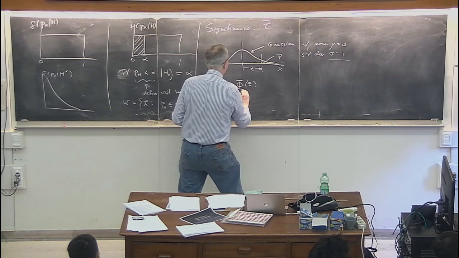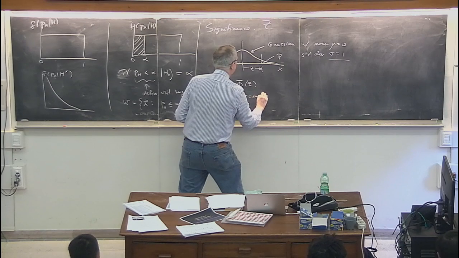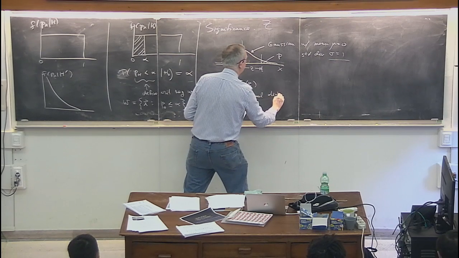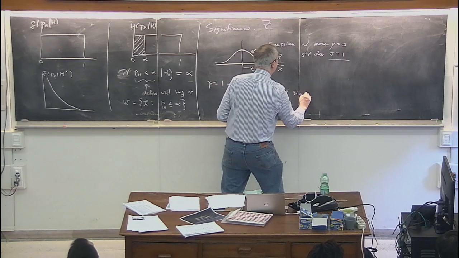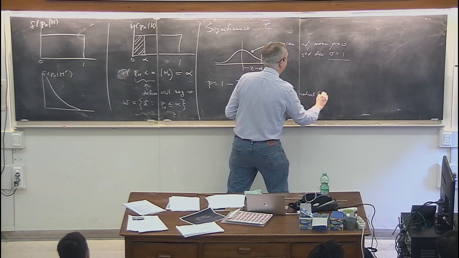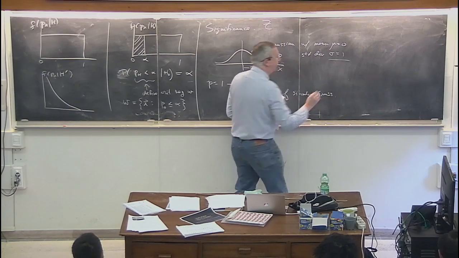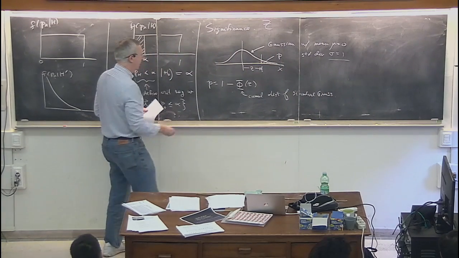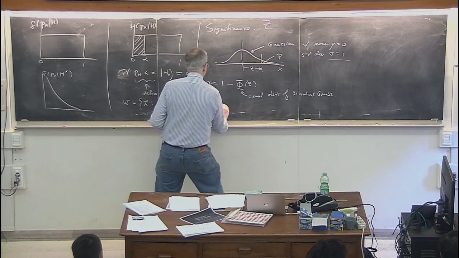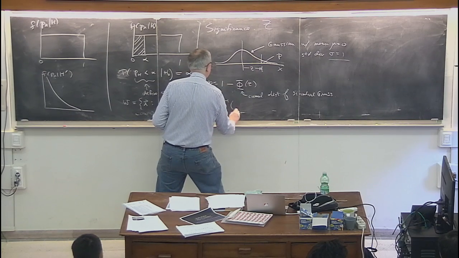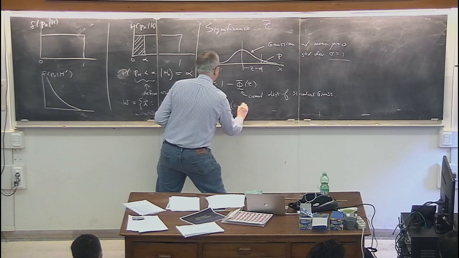That's the cumulative distribution of this standard Gaussian. That's the kind of function that you have available in computer libraries and so forth. If you know the p-value and you want to find z, then you just take the inverse of the cumulative distribution, of 1 minus p.